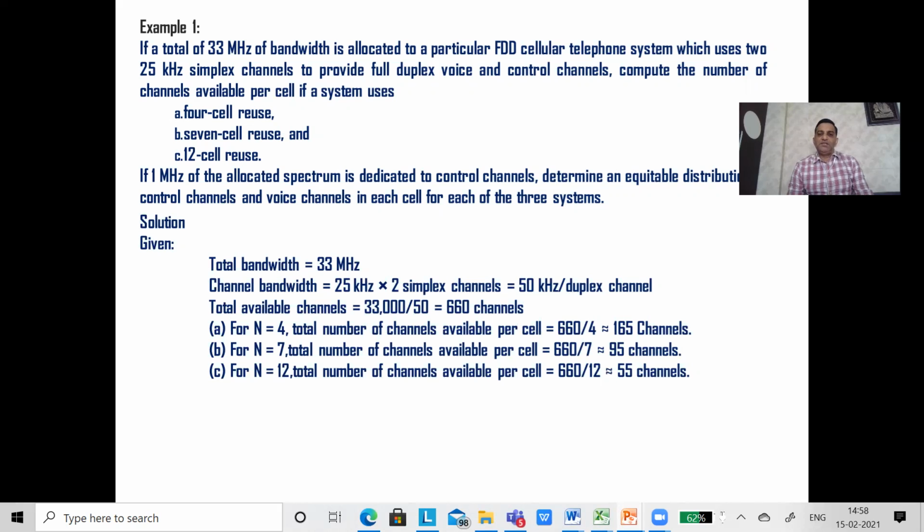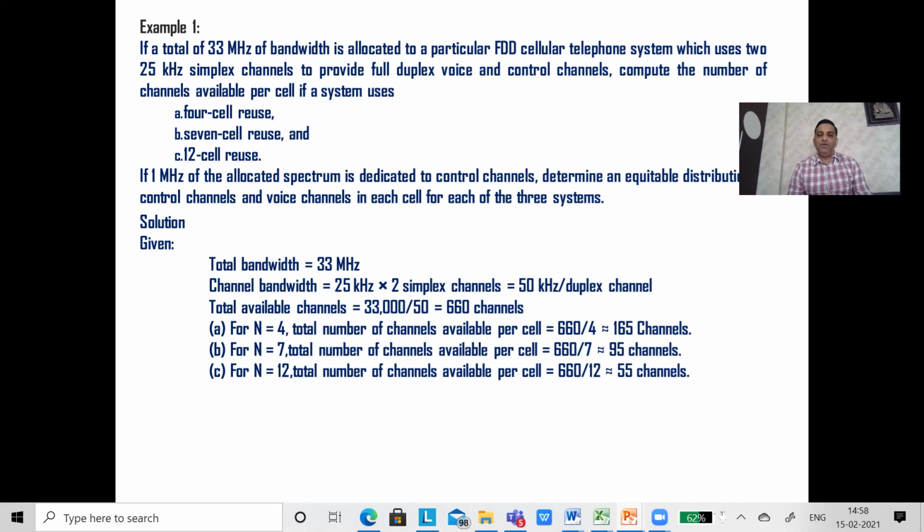So from this concept, we'll be able to find out the total number of available channels. We are aware of total bandwidth, which is 33 megahertz, divided by channel bandwidth of FDD, which is 50 kilohertz.